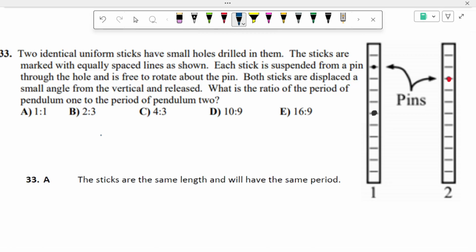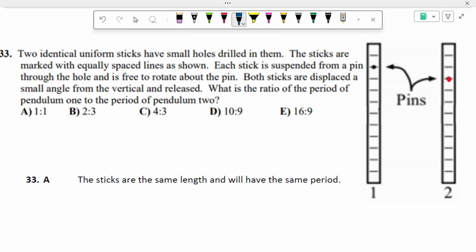According to this statement, the period will be universal no matter where you put the pin on the stick, which means you can drill the holes here, here, or here. But think carefully.